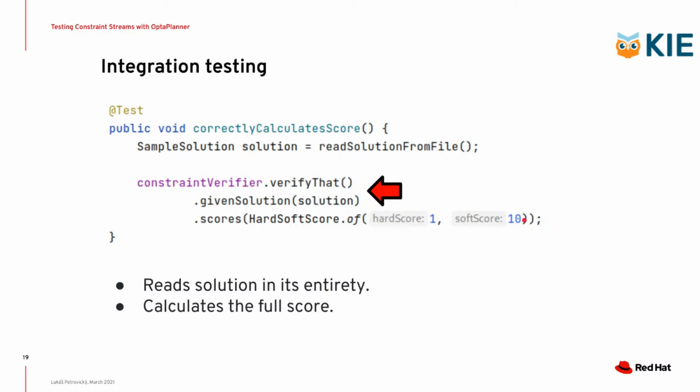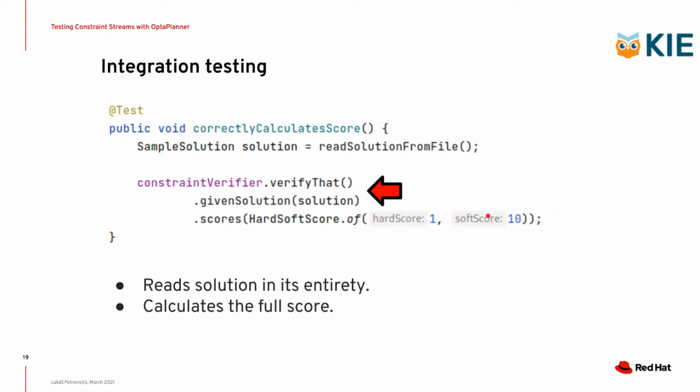So what's this for? This is for integration testing. You already know when you've implemented your whole constraint provider, you have your whole solution ready. You want to make sure that your scoring remains stable for all eternity, right? So that's what you do. You store a sample solution file, for which you know what the score is because you've calculated it before. So you know that the score is expected to be 1 and 10.